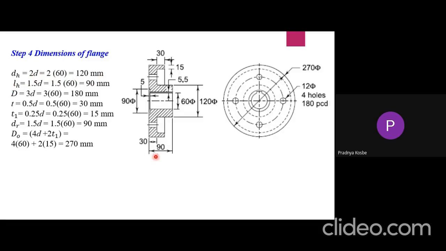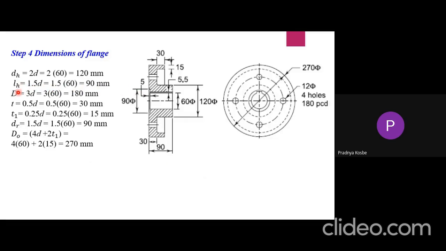LH is the length of the hub. Here in this figure, dimensions are also shown. LH is equal to 1.5d, which is 1.5 into 60, and that is equal to 90 mm.